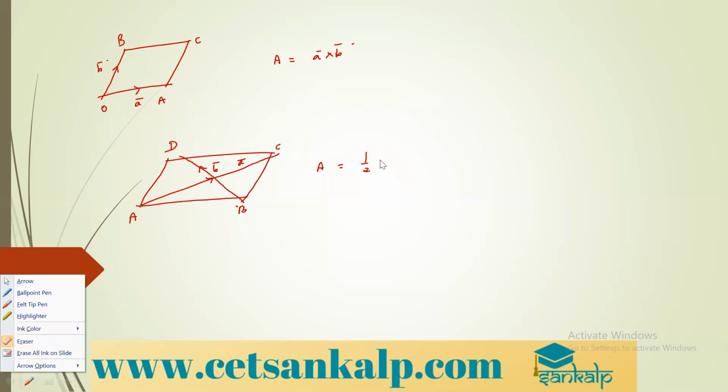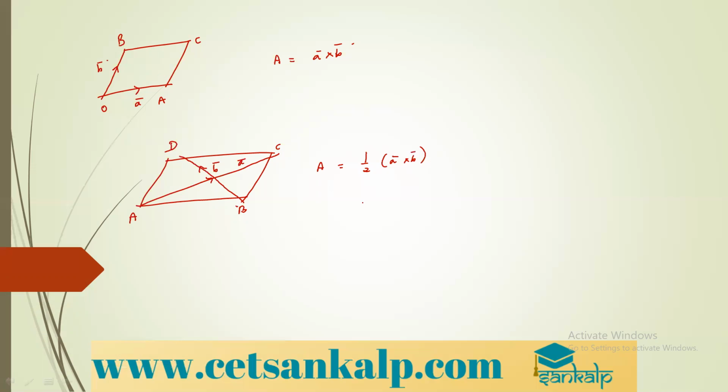So the vector area of the parallelogram will be half into A cross B, or half into AC vector cross BD vector.